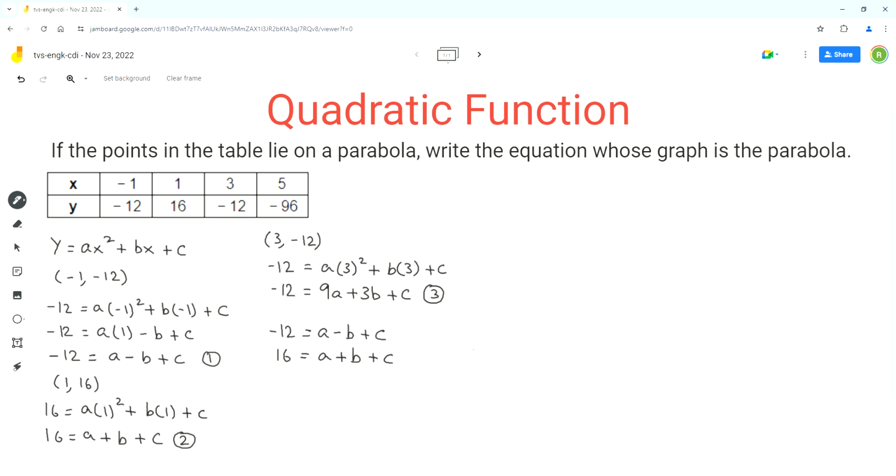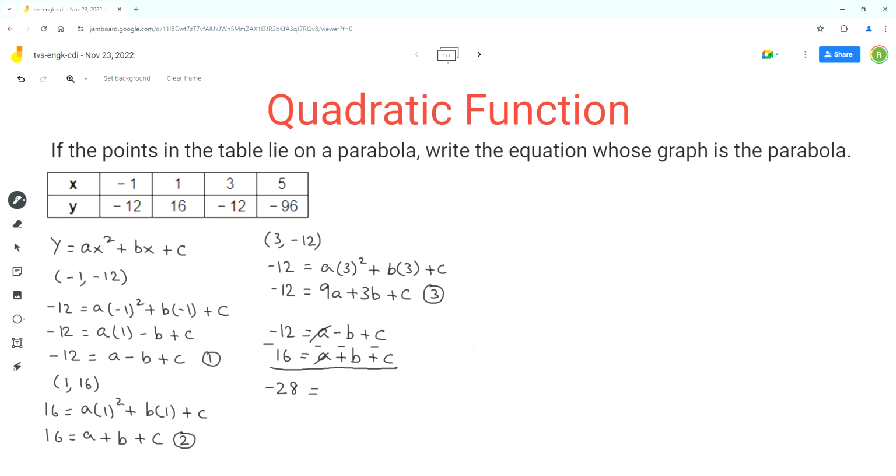We can use the elimination method. We can subtract these two equations. On the left side, -12 minus 16 is equal to -28. a minus a is equal to 0. The a terms get cancelled out. Similarly, the c terms get cancelled out.